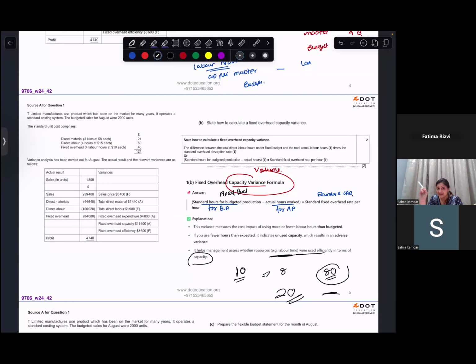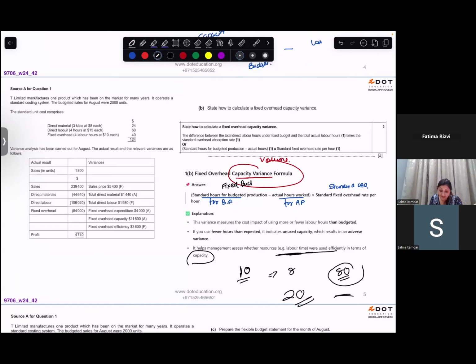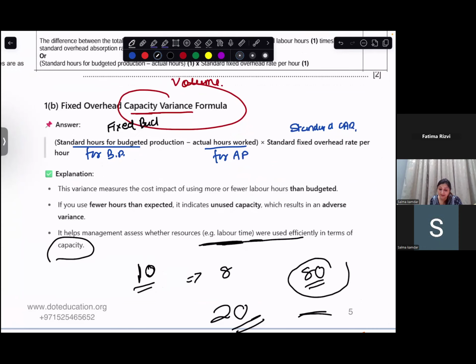So the capacity variance is basically going to tell us whether I have worked as per the budgeted capacity, more than the budgeted capacity, or less than the budgeted capacity. If I work more than the budgeted capacity, then I would have a favorable capacity variance.